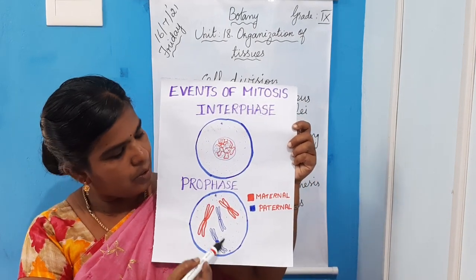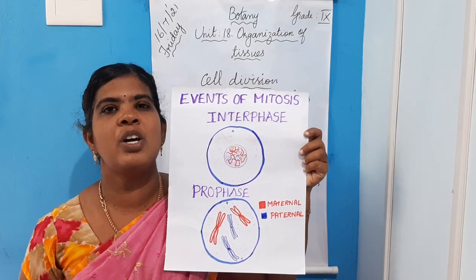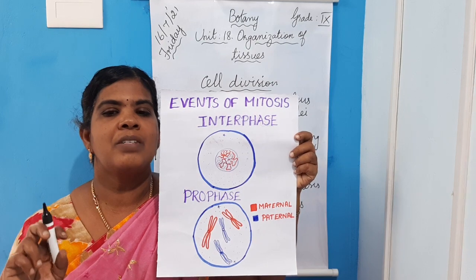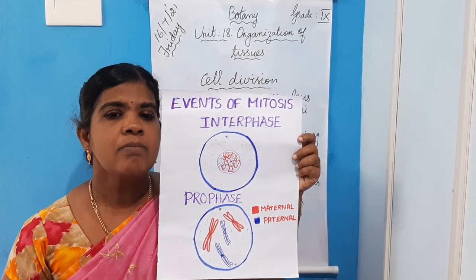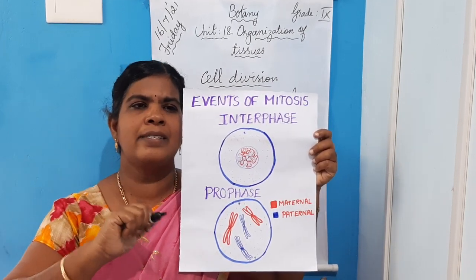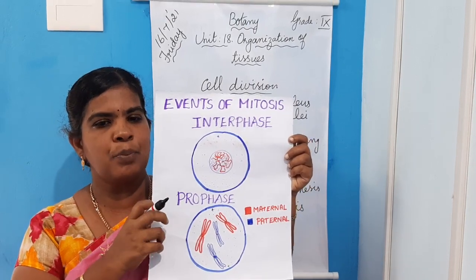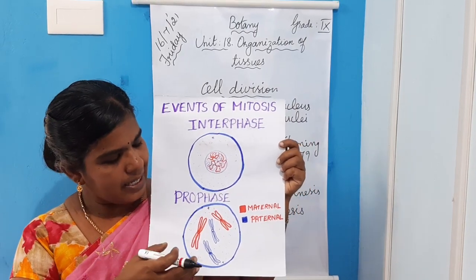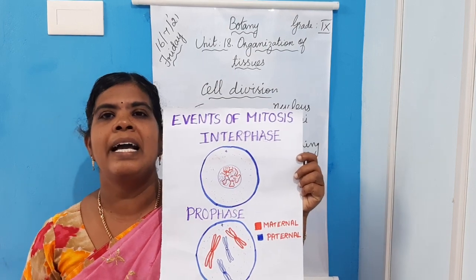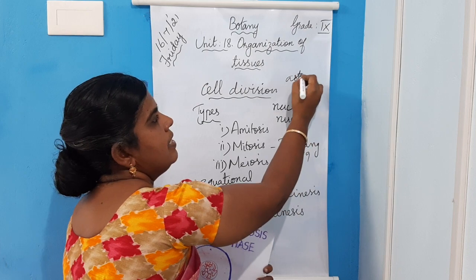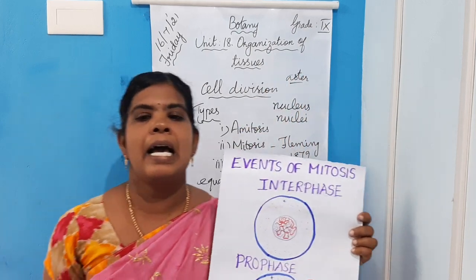Then the centrosome, one of the cellular organelles present inside the cell, splits into centrioles and occupies the opposite poles of the cell. Each centriole is surrounded by aster rays.